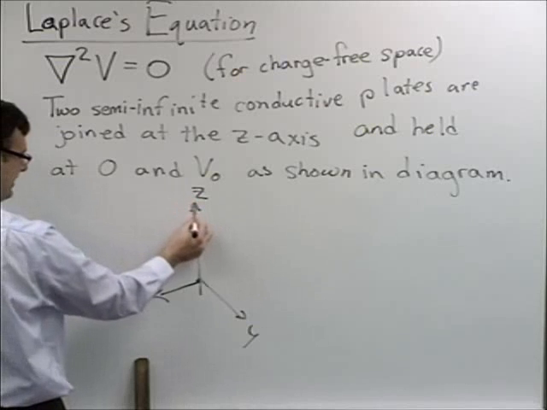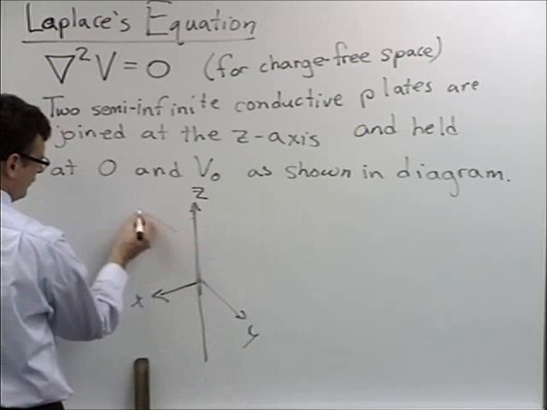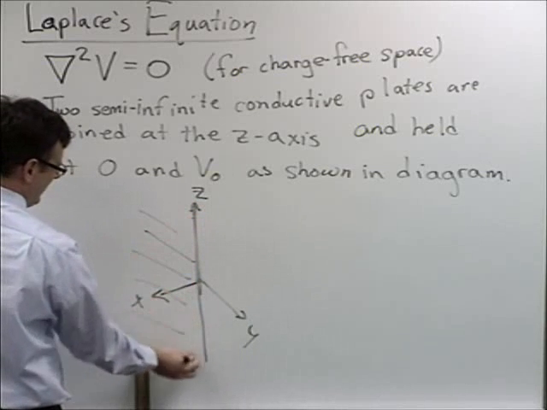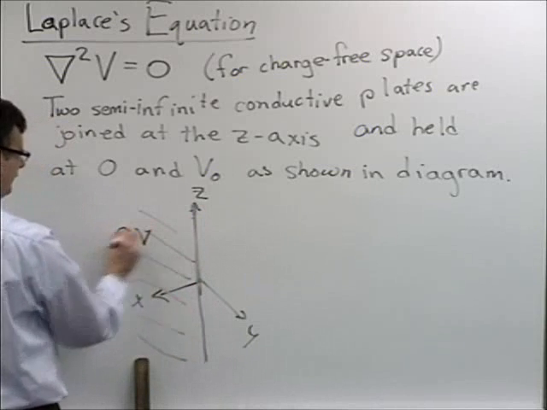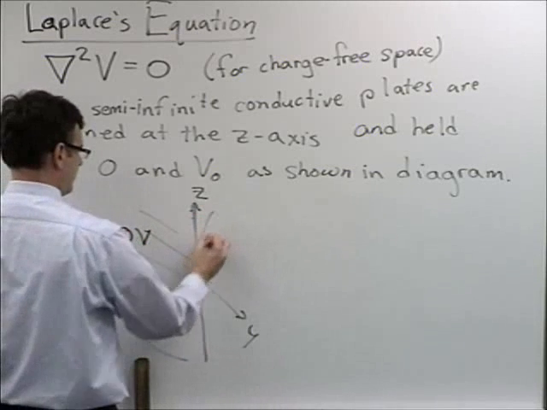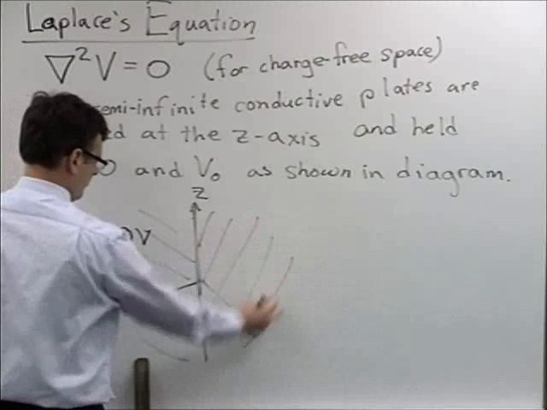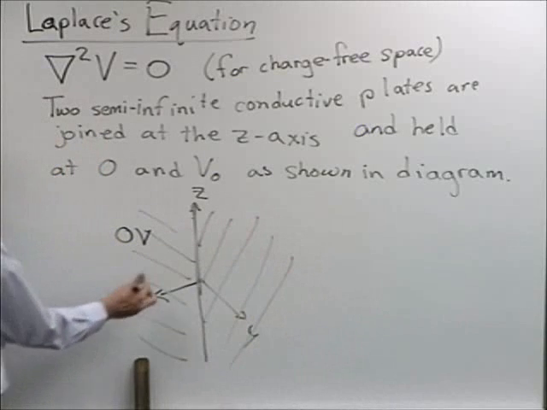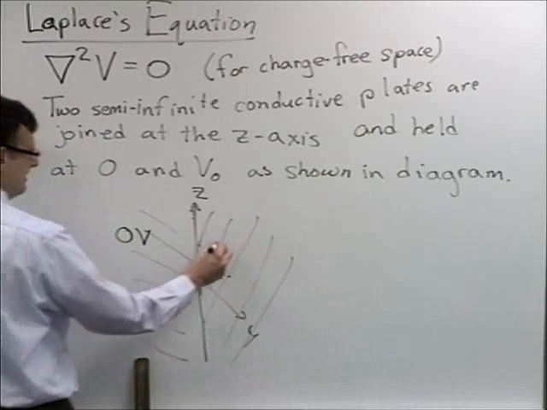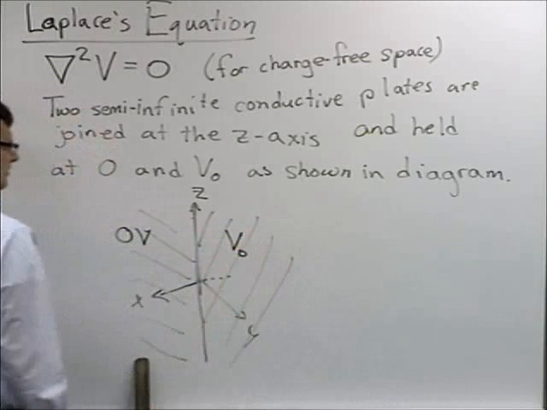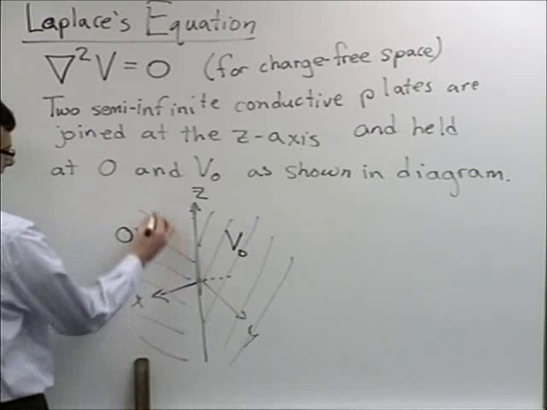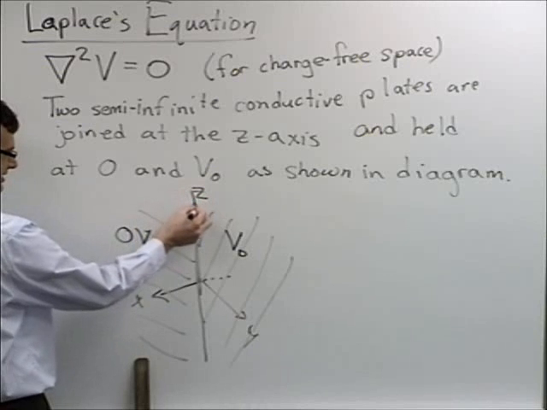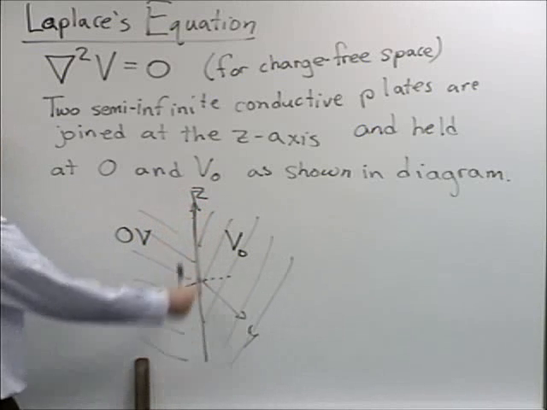And a semi-infinite plate, half that plate is over here. And it's a piece of metal held at 0 volts. And then this other plate, on this other half of the z-axis, but still in the xz plane, is at V0 volts.